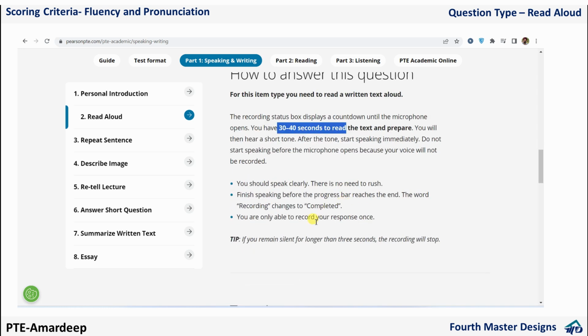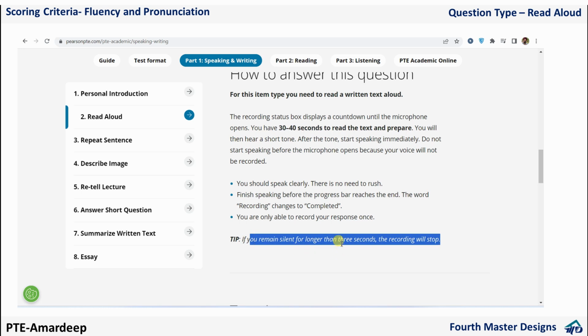Then, guys, one very important thing which I have already discussed: if you remain silent for longer than 3 seconds, the recording will stop. After that, if you say anything, it won't get recorded. And one more thing, let's say you stop for 1 second and after that you say something. Again, that is an issue.